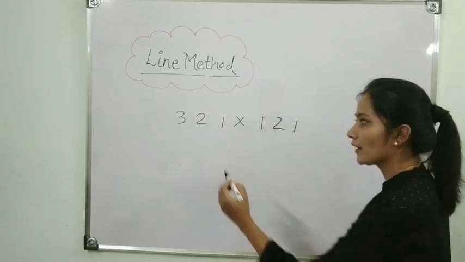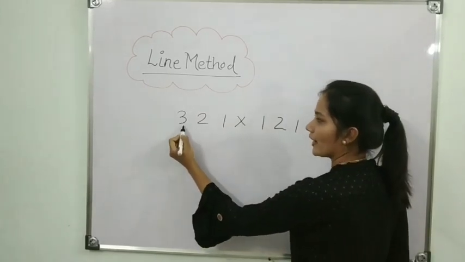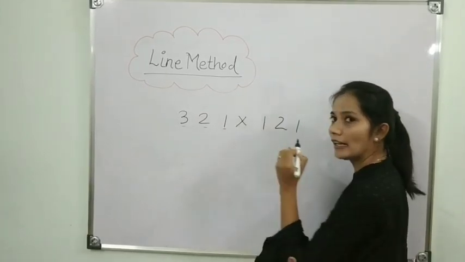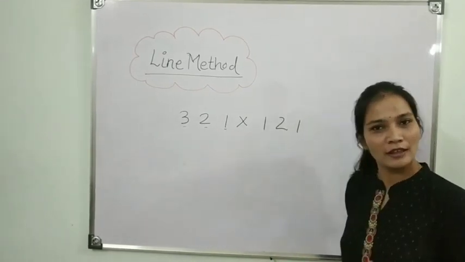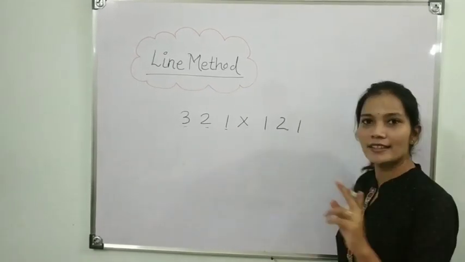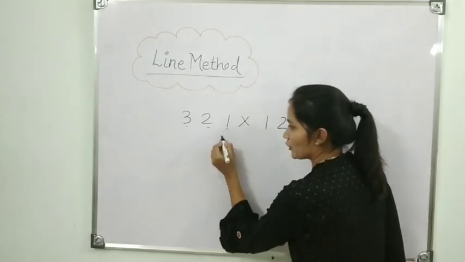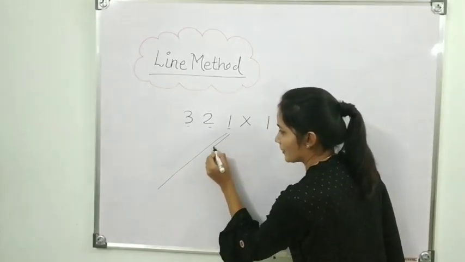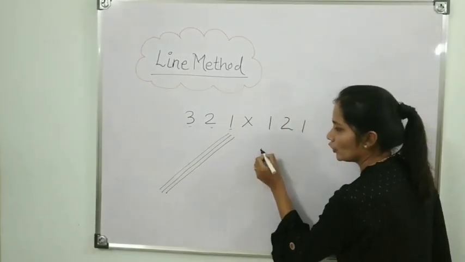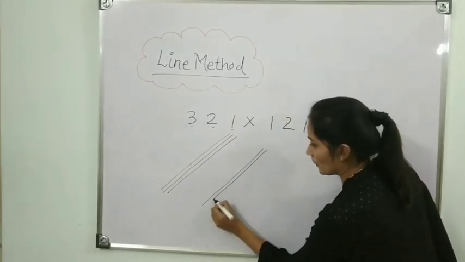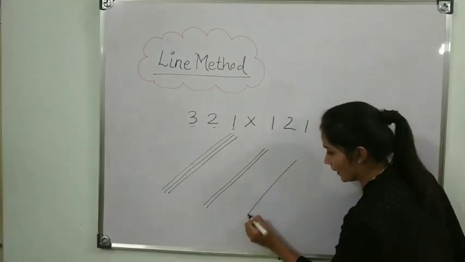Let us see that. In yesterday's class I told you that for the line multiplication we convert these numbers in the form of lines. So we will convert this 3 in the form of lines. Let us draw the 3 lines, then 2 lines, and then 1 line.